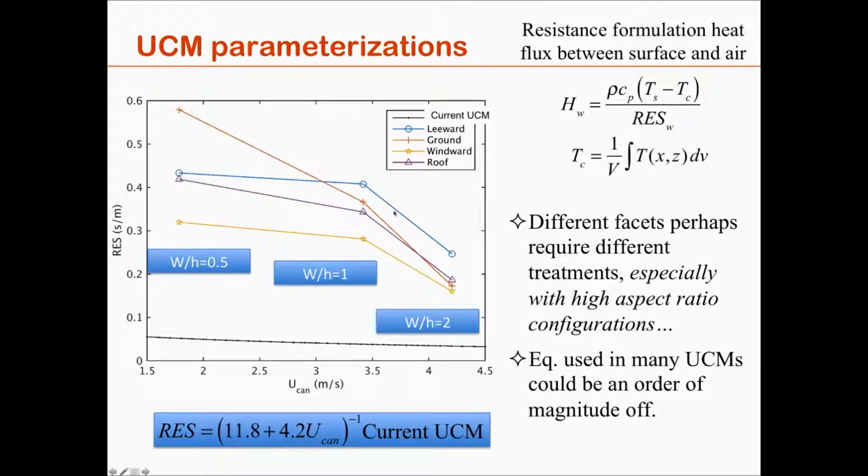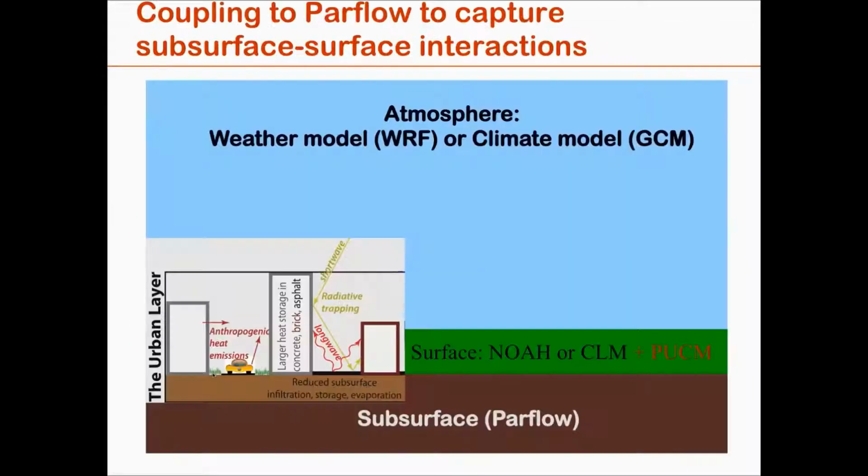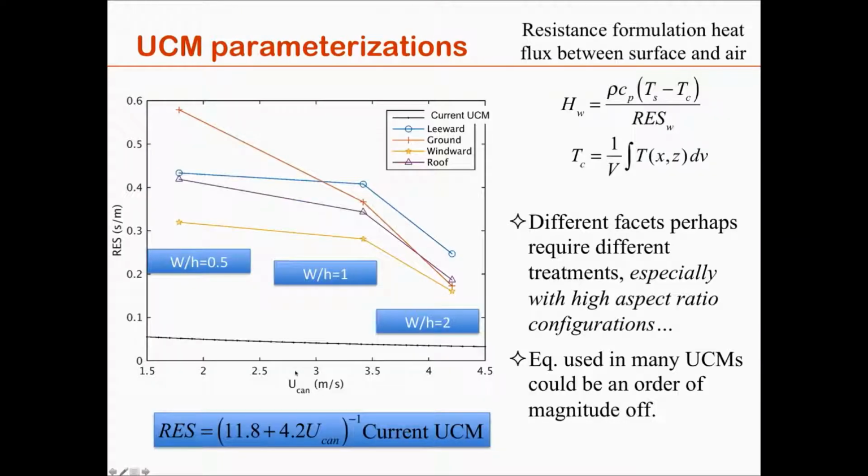You see basically that this is almost off by an order of magnitude. That is, the parameterization is almost off by an order of magnitude compared to the LES. And we get away with it because we calibrate the UCM and in the calibration, we offset the error that we get from this low resistance.